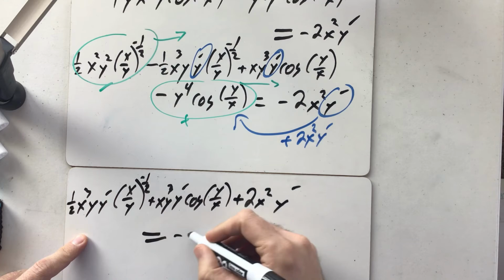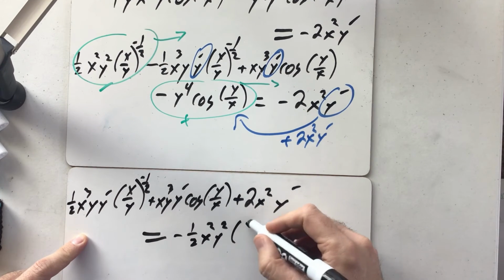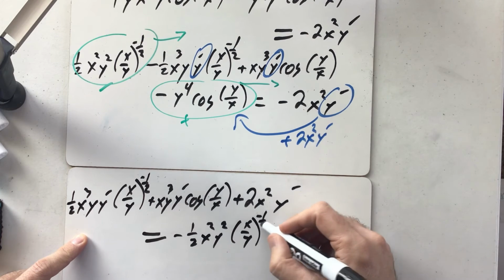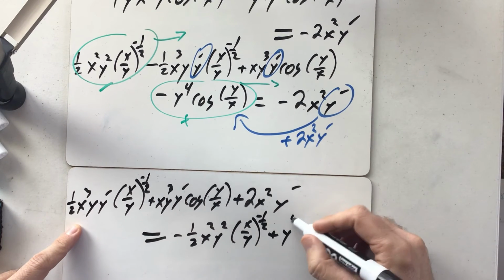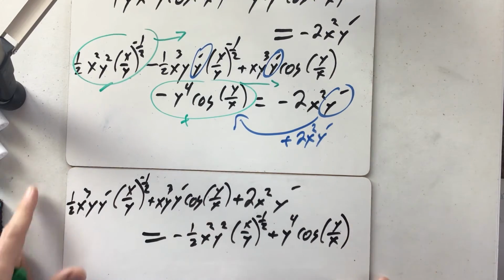So it's equal to a negative 1/2 x squared y squared x over y to the negative 1/2 plus y to the 4th cosine y over x.